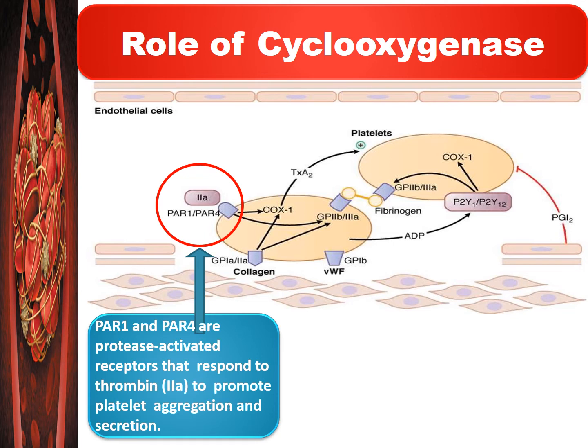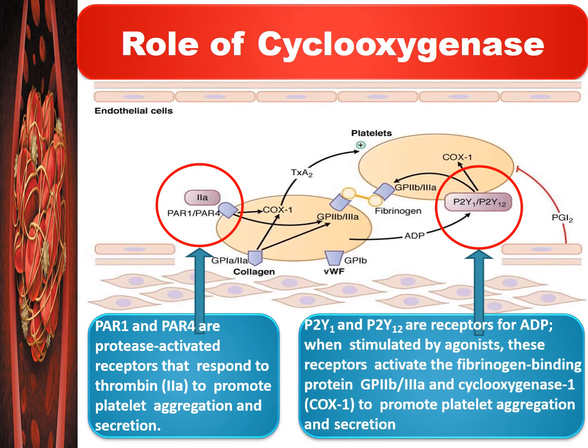PAR1 and PAR4 are the protease activated receptors that respond to thrombin and promote platelet aggregation and secretion. Further, P2Y1 and P2Y12, which we discussed in the earlier classes, are both receptors for ADP.